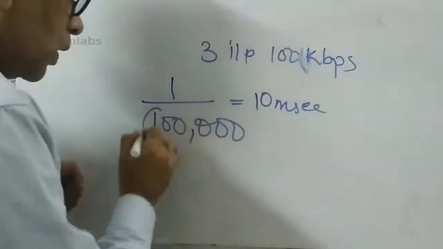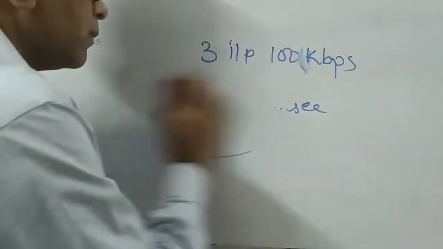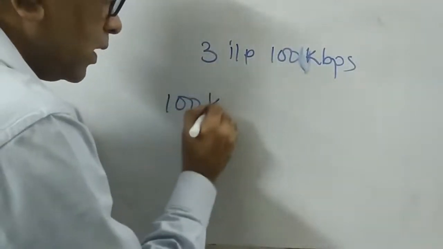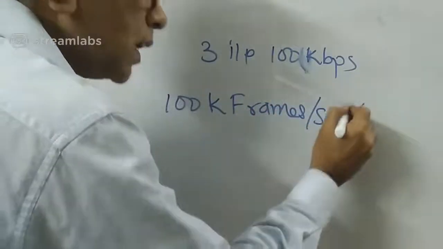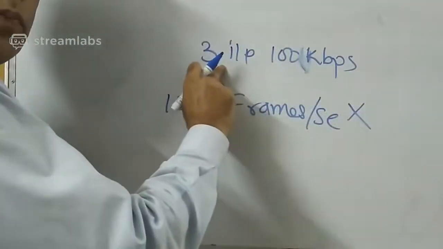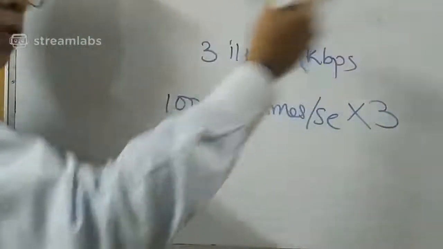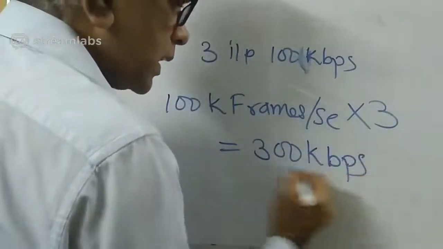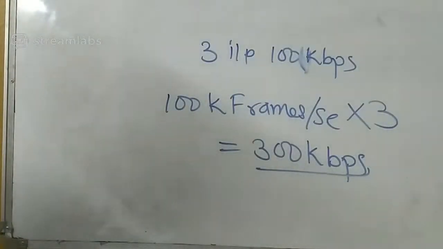So whatever frame rate you have, 100k frames per second, multiplied by the number of inputs, which is 3, will give you the bit rate on the output link, that is 300 kilobits per second. So this is how you need to work.